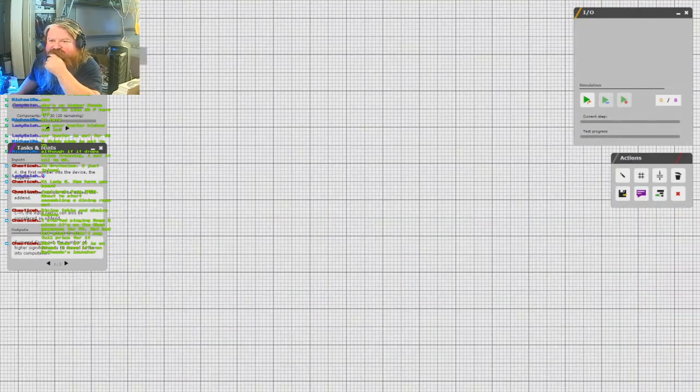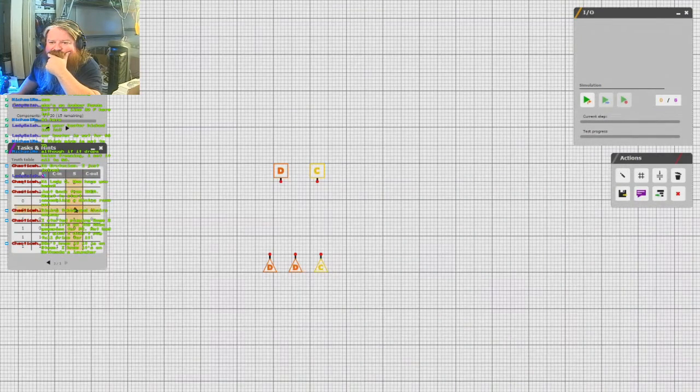A is the first number in the device, B is that, and then we got the carry in, and then we got the sum out and the carry out. Okay, good. They did include the truth table. I was hoping they did.